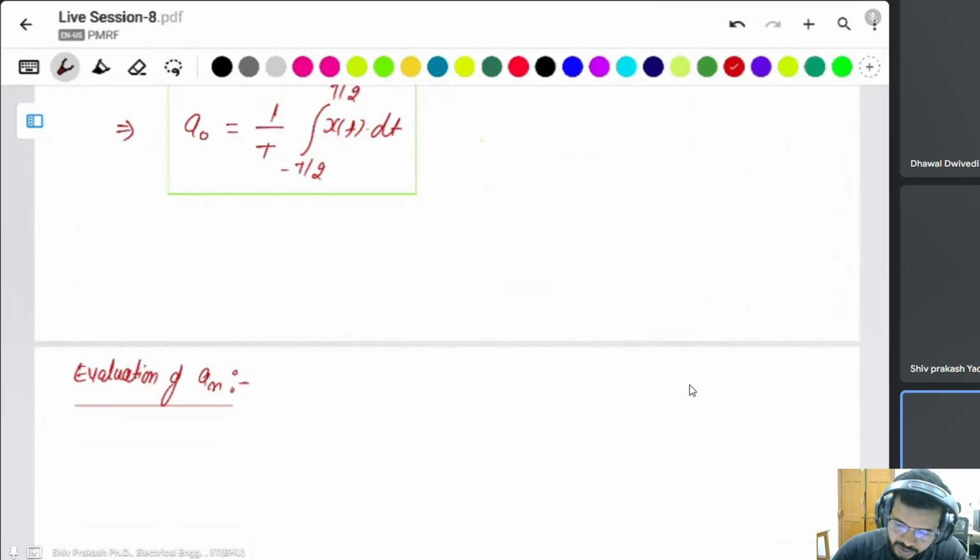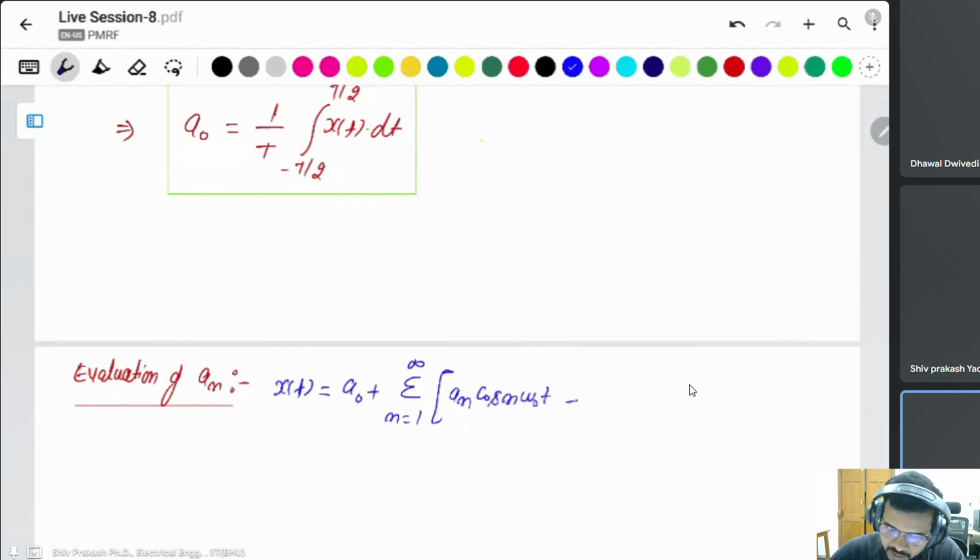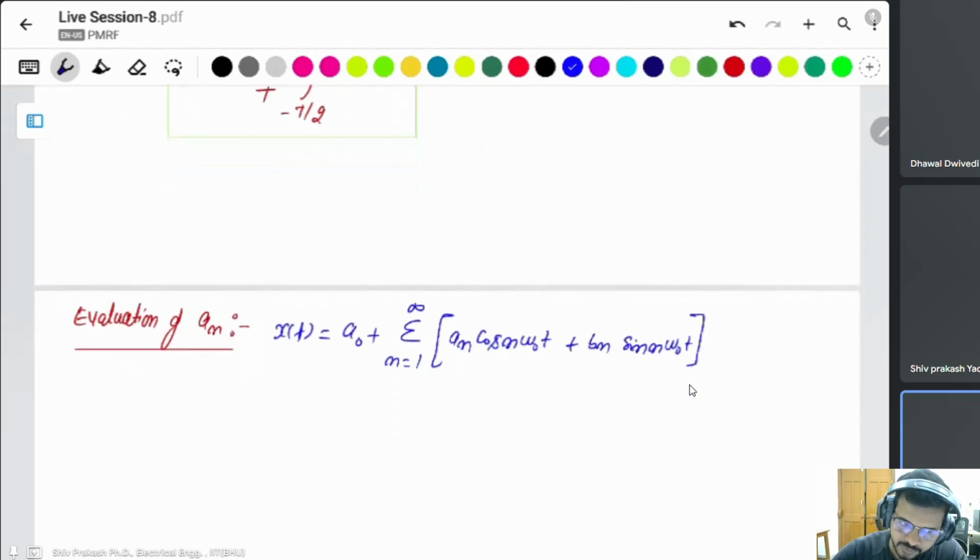That's why for this xt, same xt is represented as a naught plus summation of n is equal to 1 to infinity a n cos of n omega naught t plus bn sin of n omega naught t.